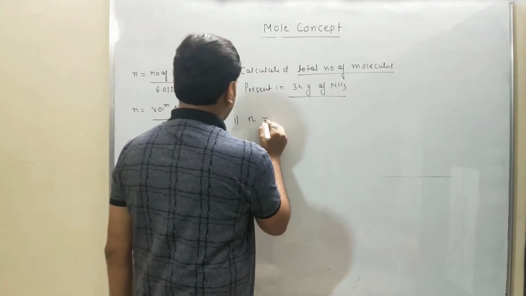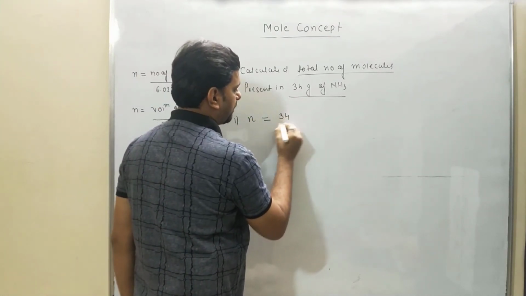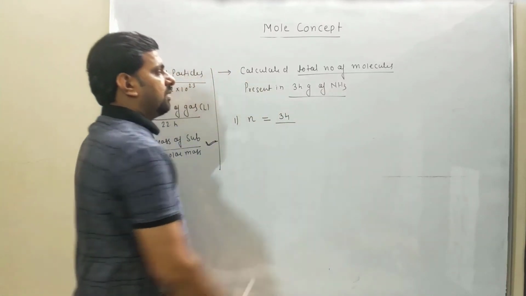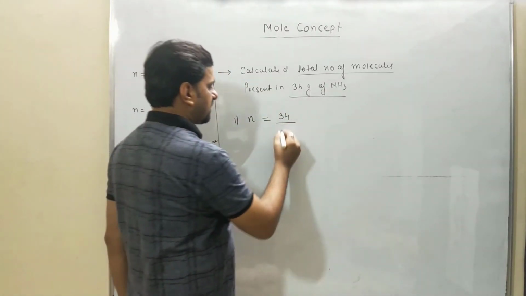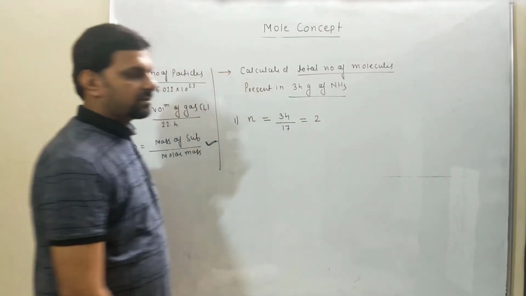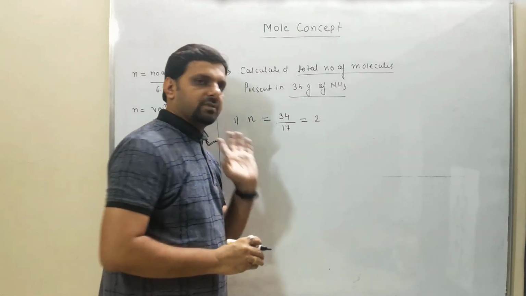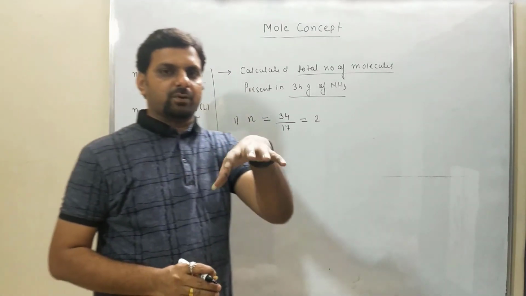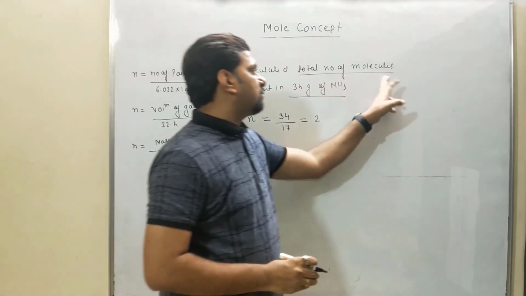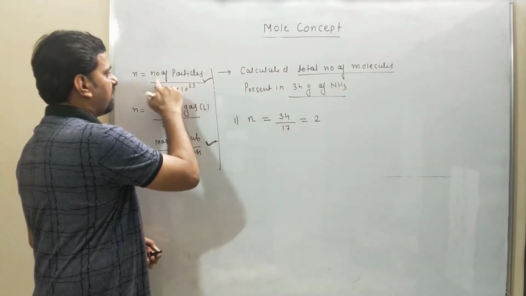So n equal to mass of substance, that is 34 divided by molar mass of NH3. Molar mass of NH3 is 17. So you have 2 moles. So first step is to calculate number of moles. Now you have number of moles. So you can easily calculate total number of molecules.